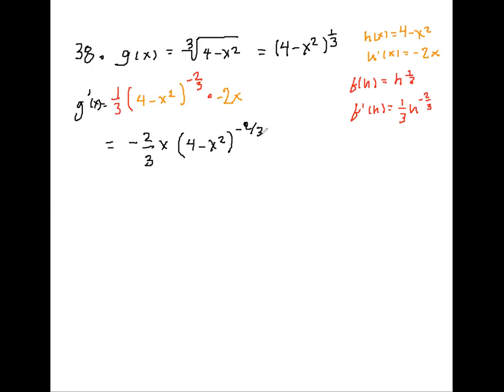My next step, as we kind of said, is going to be to say that g prime of x is going to be equal to 0, right? So when does this equal 0? Well, I've got some things that are multiplied by one another.